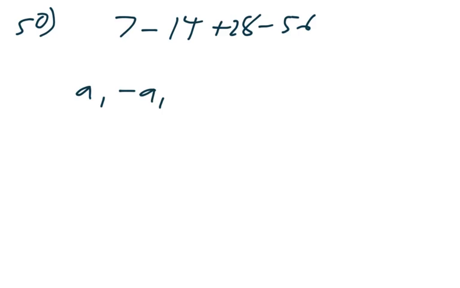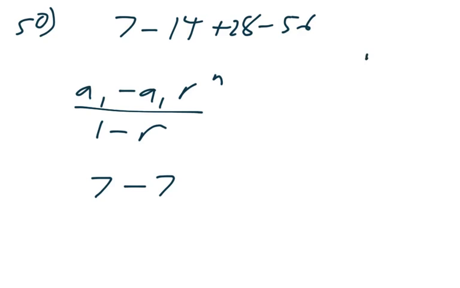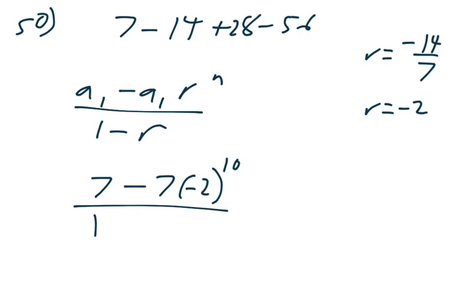50, we're looking for the first 10 terms of this series. So the formula is a sub 1 minus a sub 1 r to the n over 1 minus r. So 7 is the first term. r equals -14 divided by 7, which means r is equal to -2. And it asks for 10 terms, divided by 1 minus -2.